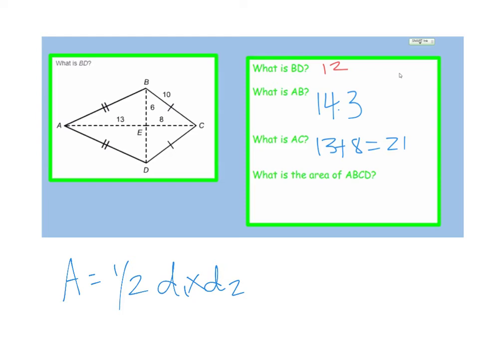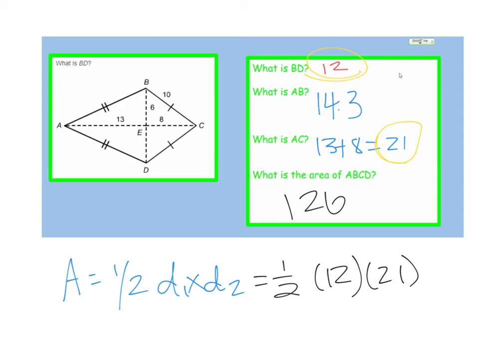So we said that diagonal 1 was 12 and 2 was 21. So all we got to do is 1/2 of 12 times 21. And I don't know what that is, y'all. So I'm going to go back onto my calculator and figure that out. 0.5 times 12 times 21. And that gives me 126.